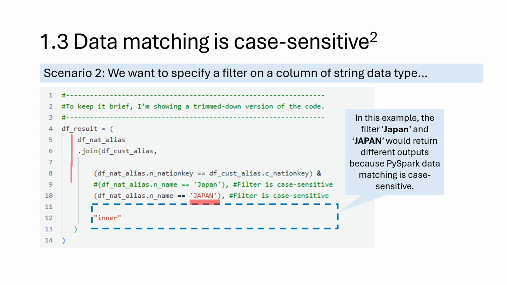So for this filter, it would return the data. Whereas if I specified the filter in mixed case, it wouldn't return any data. The reason being, in the underlying table, for this column, all the values were in uppercase. The point I want to demonstrate here is that the string literals that we specify as part of filters are also case sensitive.